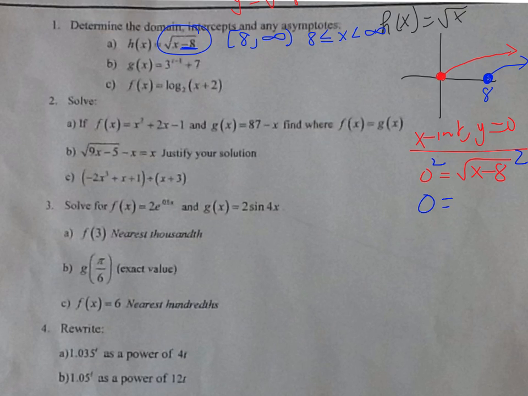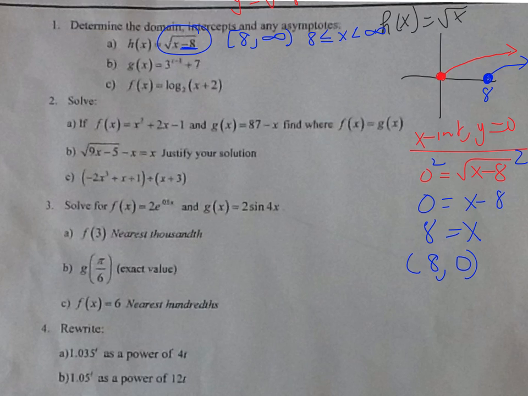So I get 0 is equal to x minus 8. Add 8, x is equal to 8. So my x-intercept, remember an intercept has to be written as a point, would be 8 comma 0. So again, there is no asymptote. There's no line that this graph gets closer and closer to because it starts here and just keeps going to the right.